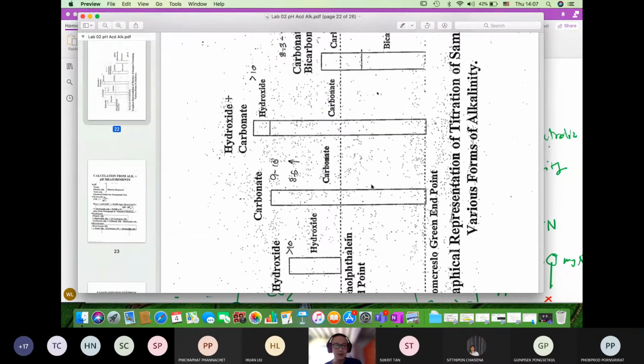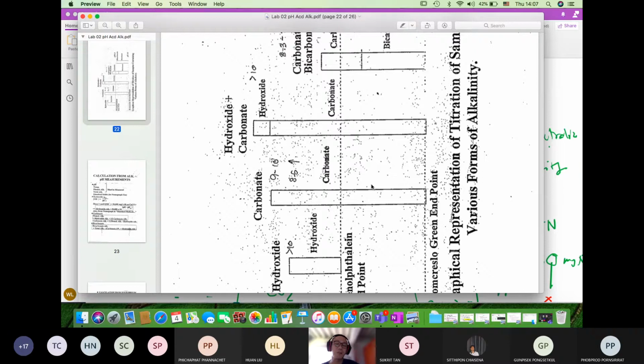So it's not a parameter that we use to classify the water quality, but we really need this information for the operations of water and wastewater treatment processes.